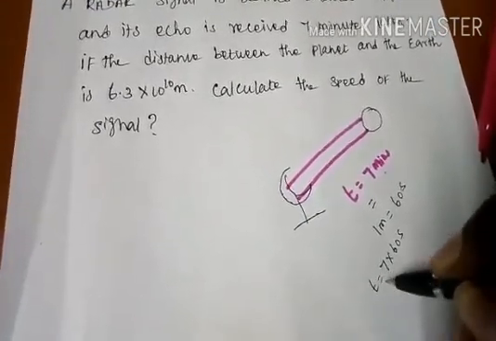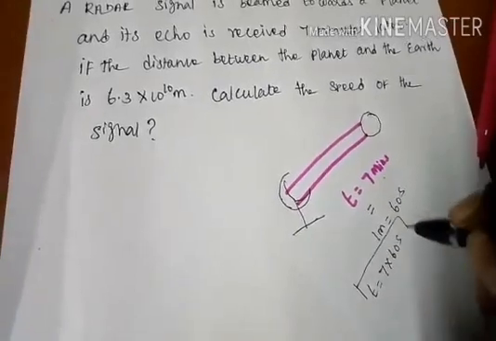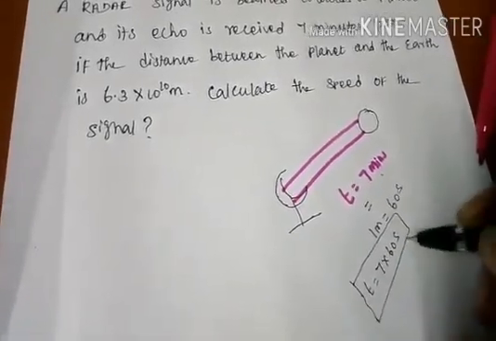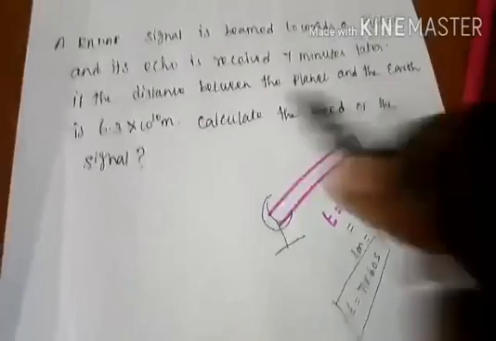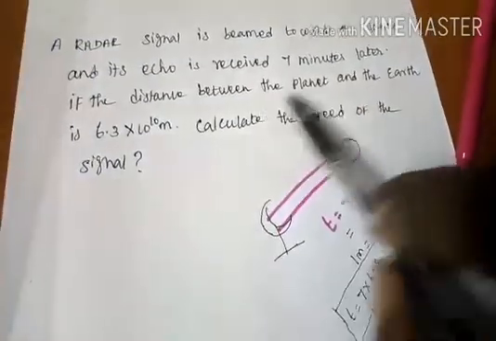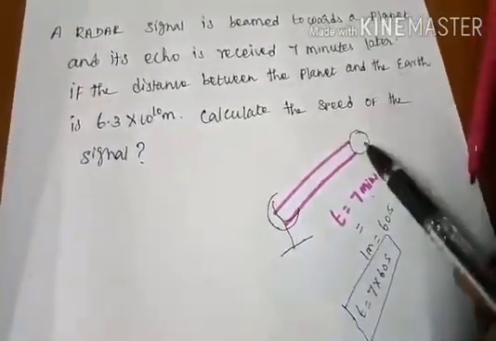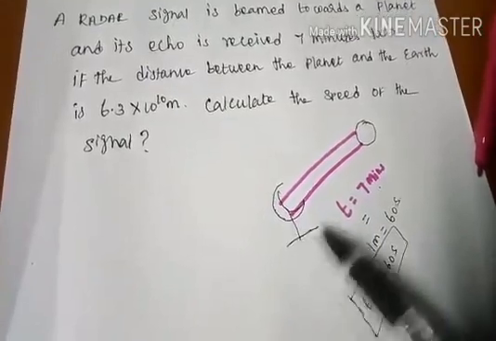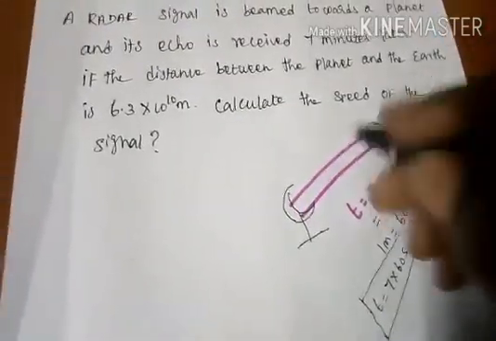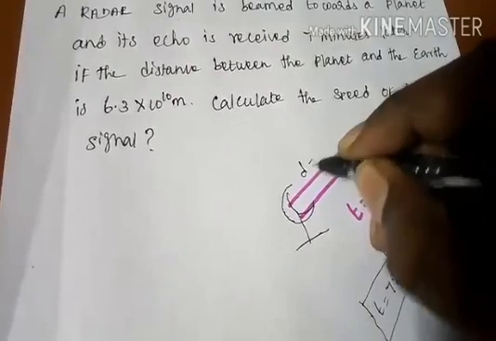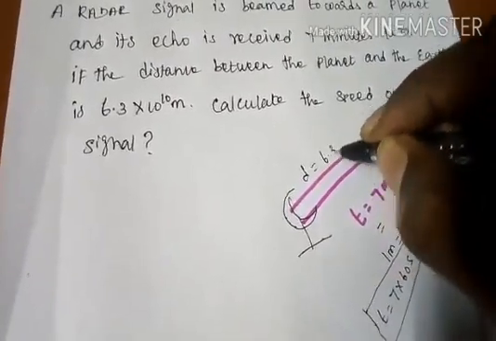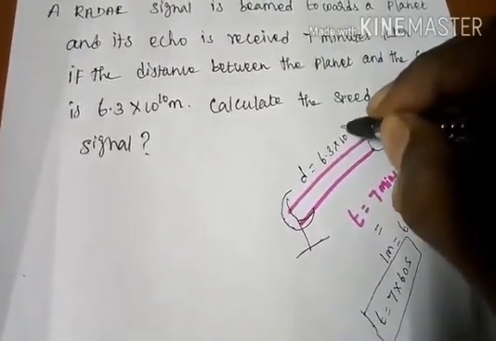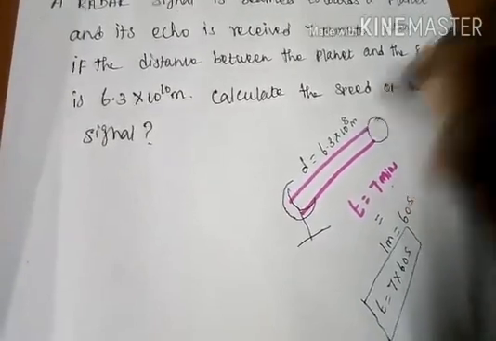So t equal to 7 into 60 seconds. Next, the distance between the planet and the earth is 6.3 into 10 power 8 meter.